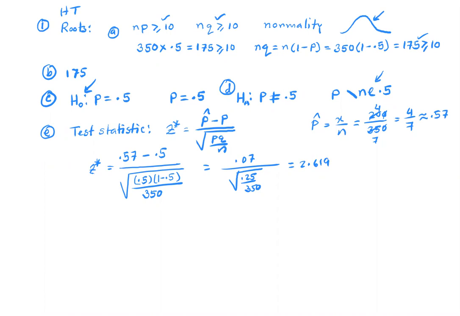Let me try to do the calculation again. 4 divided by 7 minus 0.50 divided by 0.026726. That gives 2.67.